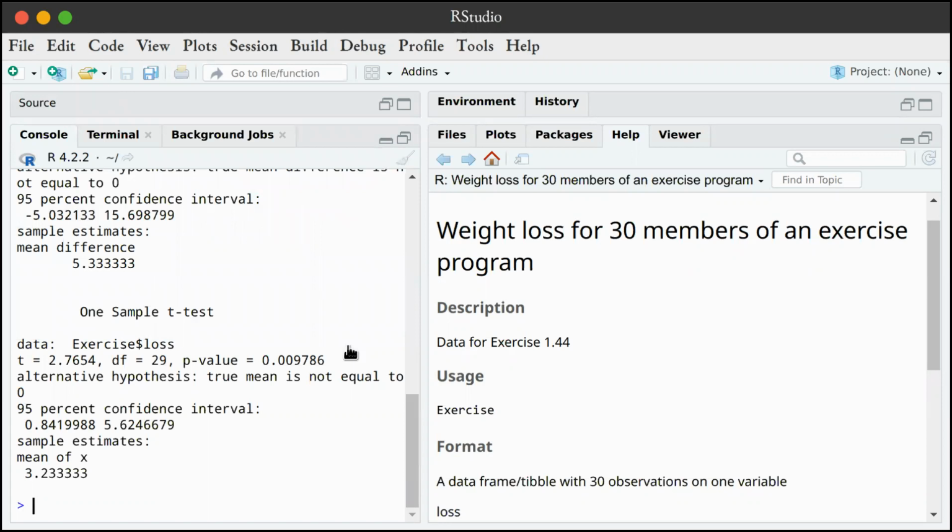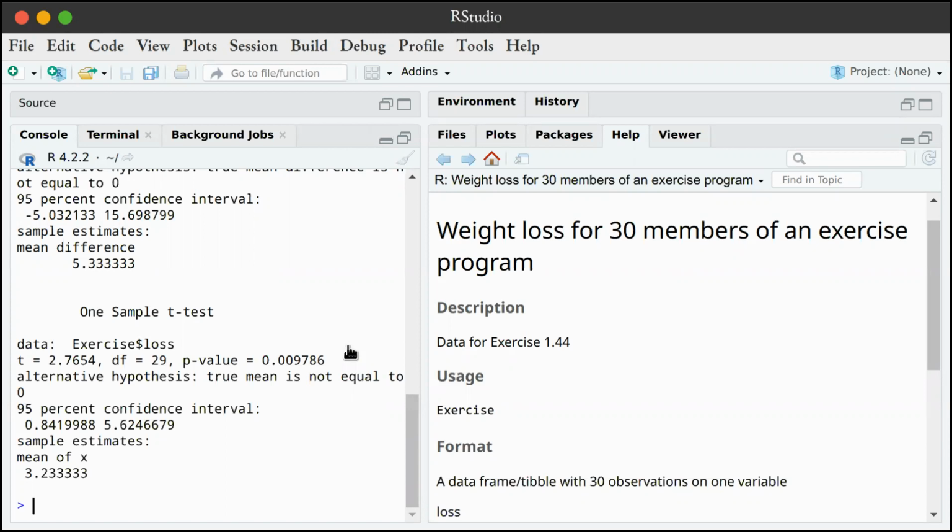And that is the result that I'm getting. So just by looking at it, what is the test statistic? 2.7654. If you round it, 2.77.